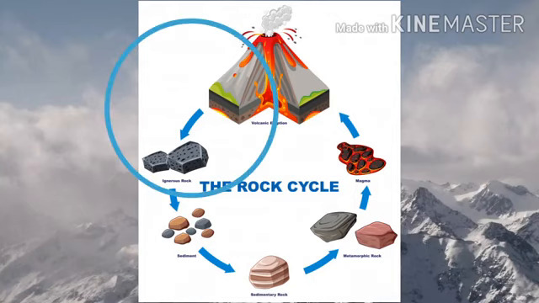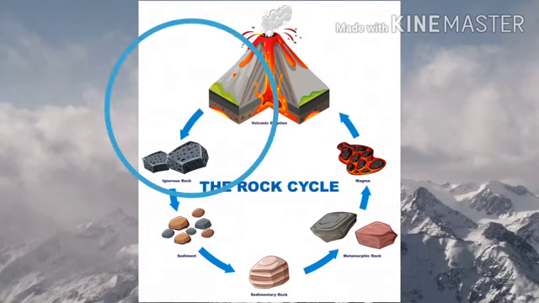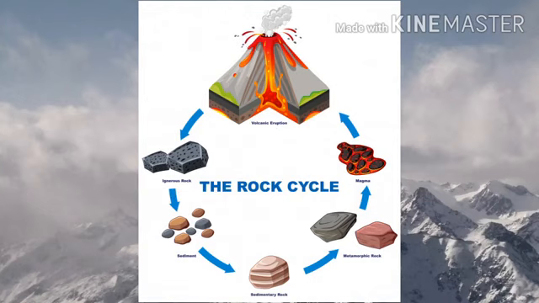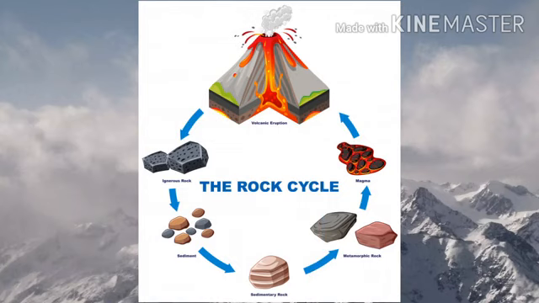Molten magma cools and solidifies to become igneous rocks. These are primary rocks or parent rocks from which all other rock materials originate.